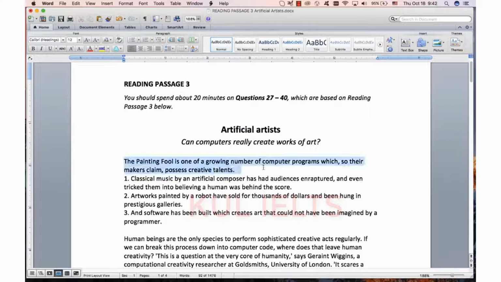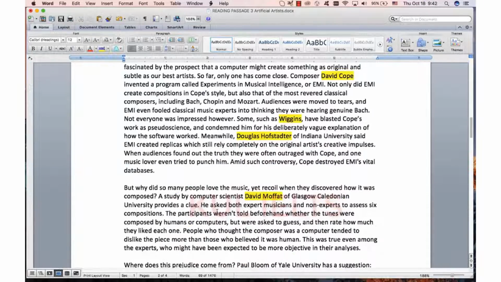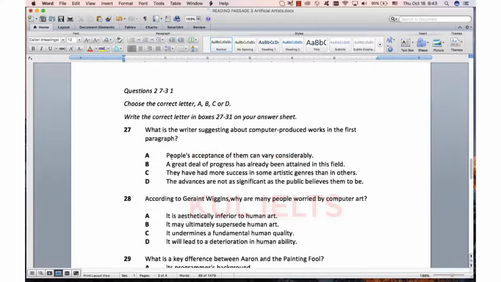This is the point that he's trying to make, and he gives 3 sentences to support his points. So there is a growing number of computer programs which are creative. That's what he's trying to say with this whole thing. This is all support information. This is the real information. So what can we see? People's acceptance can vary. I don't see that. Progress has been attained, yes.